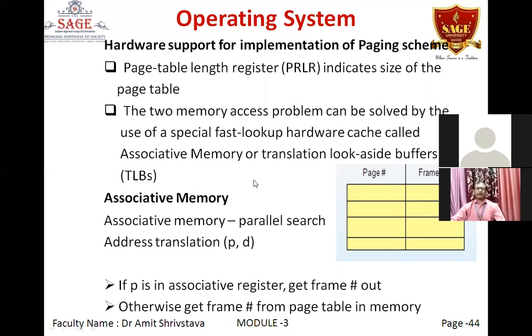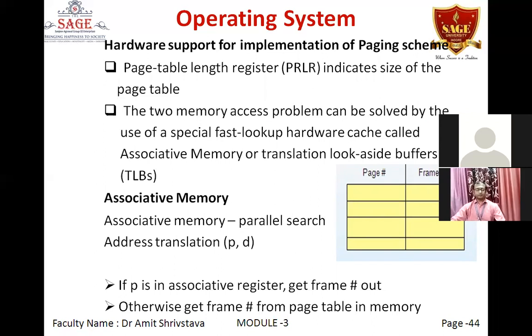First of all, let us understand what problem we face if we use the paging scheme. Previously, when we were not using the paging scheme, whenever a logical address was generated, to execute that instruction we required to access the main memory only once.